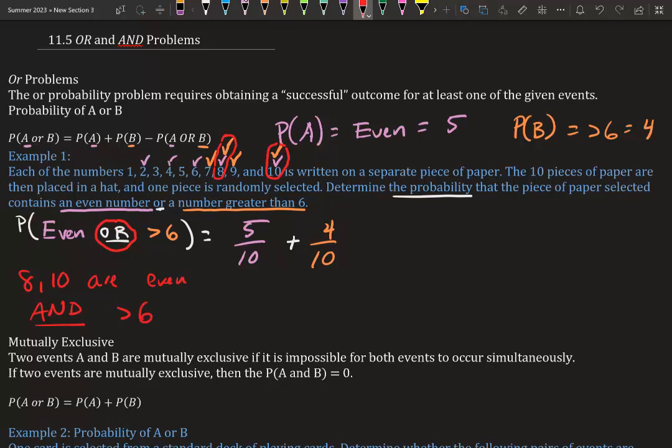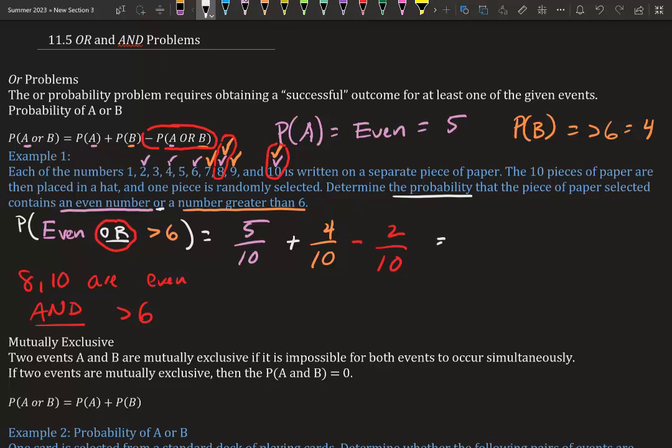So we actually need to take out 2 out of 10 of those numbers. Anytime you have a double check mark, an and situation, when doing the probability of A or B, we exclude it only when we have to. In this case, we have to because 8 and 10 are even and greater than 6.